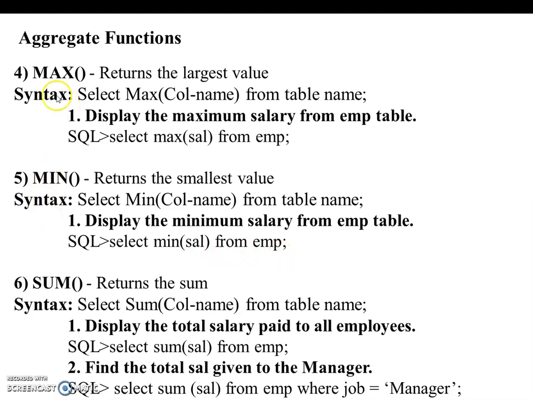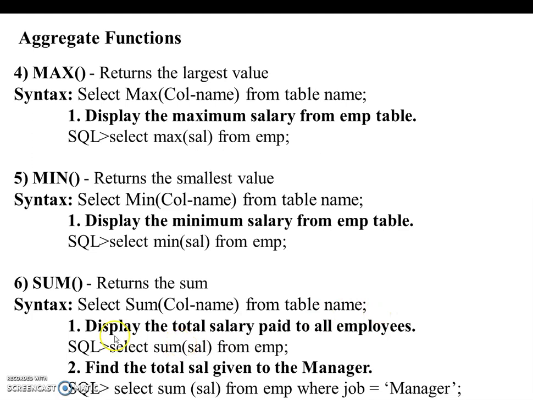After finishing the max and min functions we have the last aggregate function, and that is sum. The use of the sum function is to return a sum, that is, it adds values. What we are going to add must be written in the syntax like select sum column name from table name.